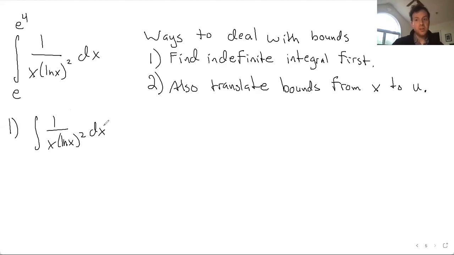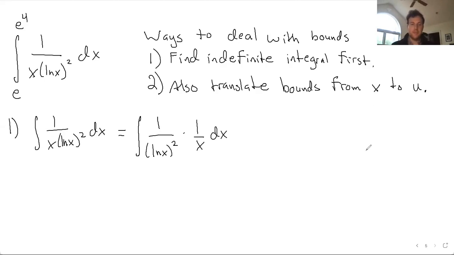And in here, we really need to decide, is this the right kind of integral for u-substitution, and what's the u going to be? The way to break this apart that can help is, we have 1 over the natural log of x squared, and then 1 over x dx.